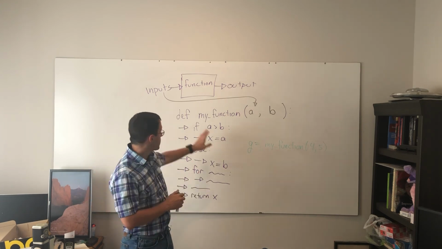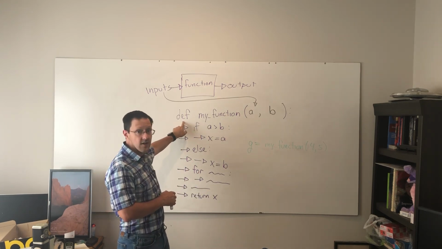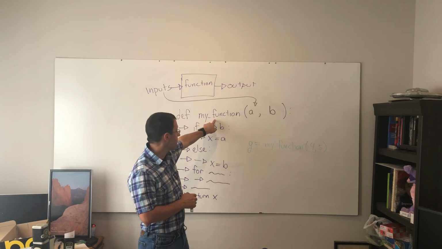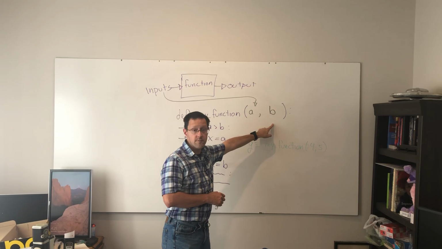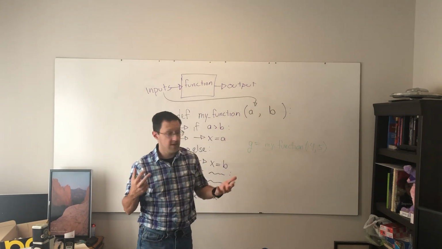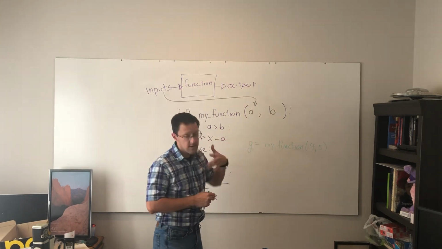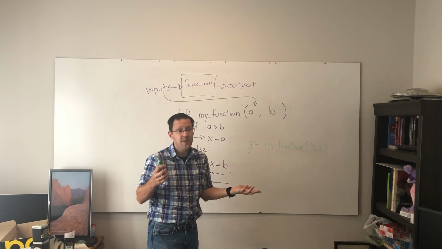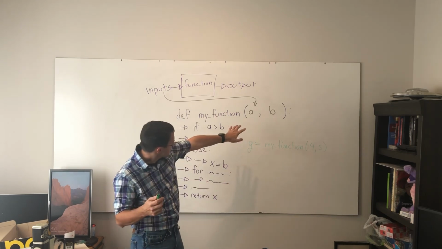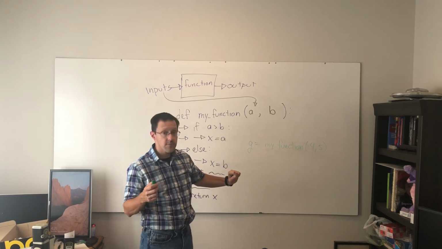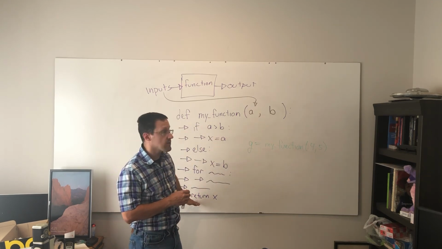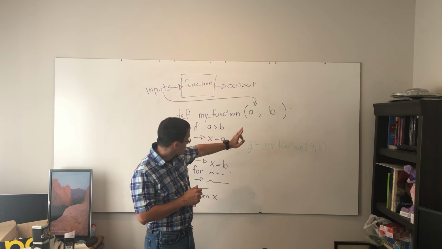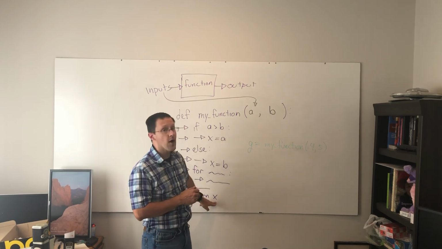Setting it up requires the keyword def, then the name of the function, and then a tuple of parameters. And A and B, here's what I have as A and B. It takes in 2 parameters. It does something with them, typically, in those statements, and gives a return value at the end.